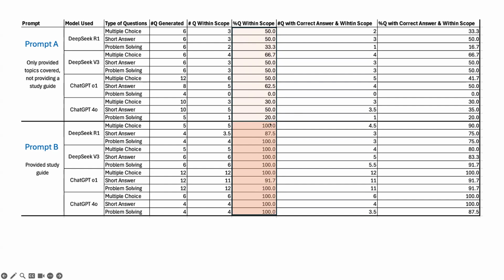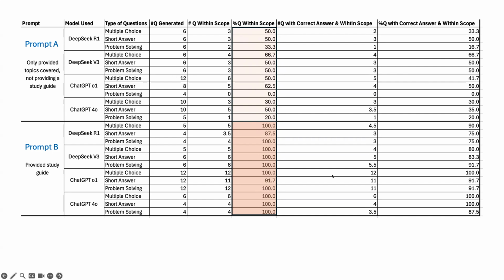I made a point to the students, and shared this table with them, that by improving the prompts, they can also improve the outcomes.